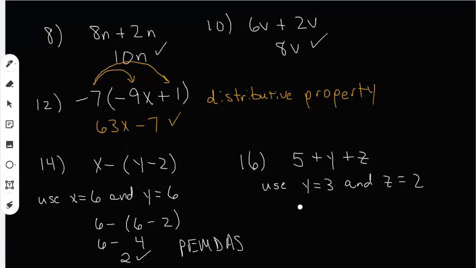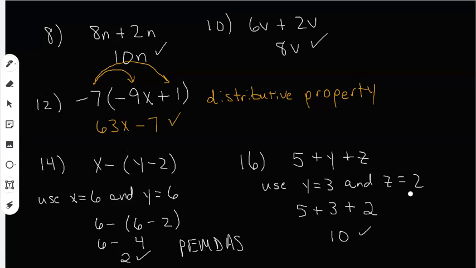So I bring down my 5 first. I have plus y. I know that y is 3, so I'm going to replace y with a 3. And then I know that z is 2, so I'm going to replace z with a 2. And then I have 5 plus 3 plus 2. That's going to give me 10. So you work it out until you get a number for your answer, and then you'll be done.